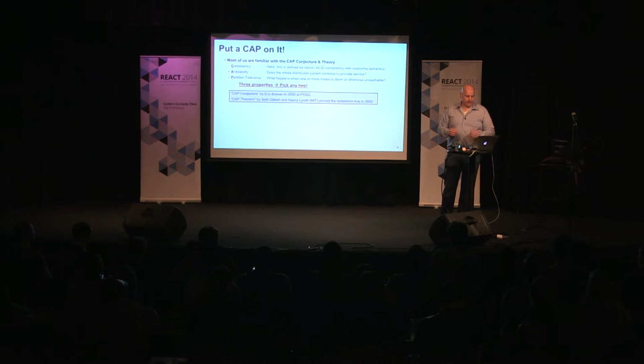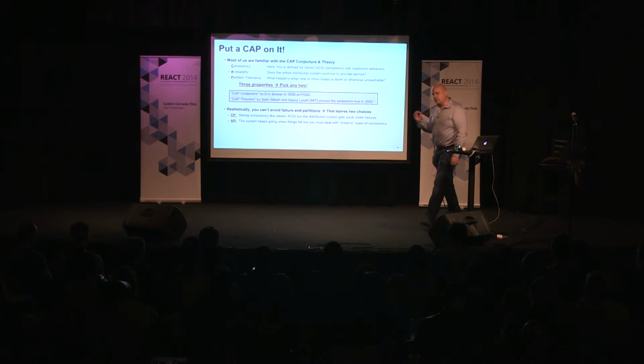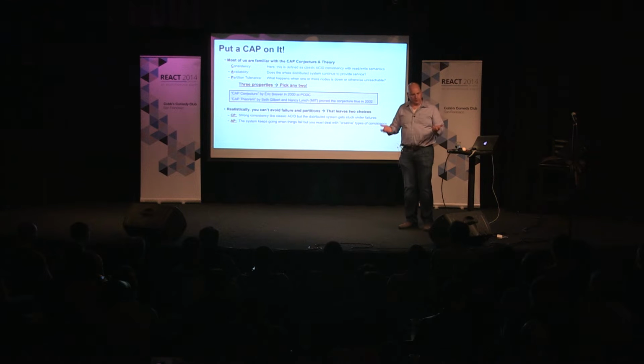The CAP conjecture was posited by Eric Brewer in 2000. The CAP theorem was proved by Seth Gilbert and Nancy Lynch at MIT, who proved the conjecture in 2002. If you assume reality, which means computers will fail, and sometimes you can't talk to the other ones, so I assume you must have partition tolerance or you are living in la-la land, okay?